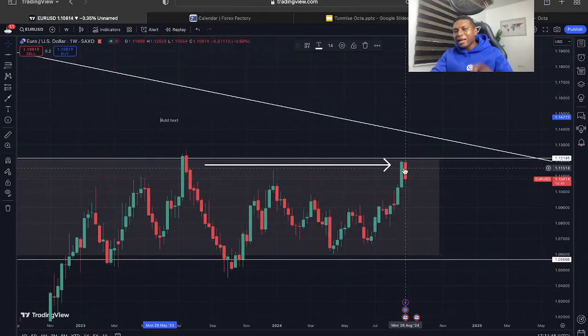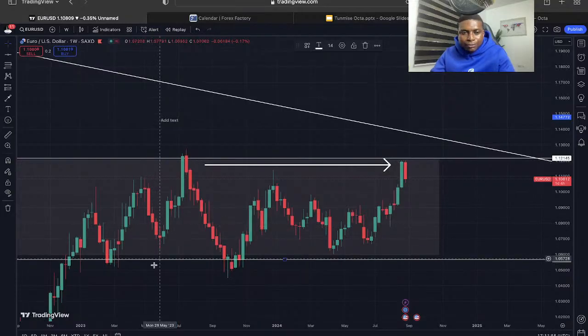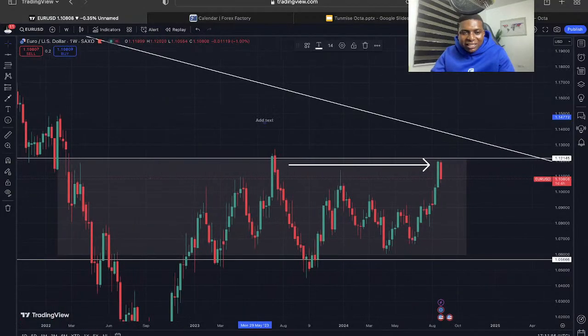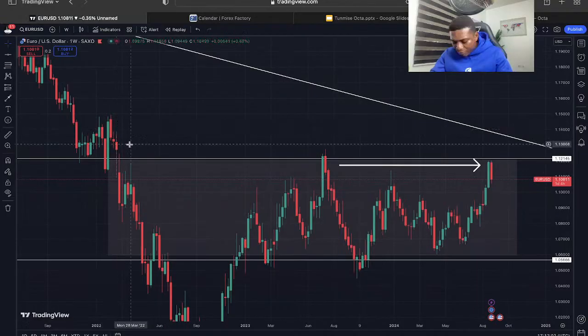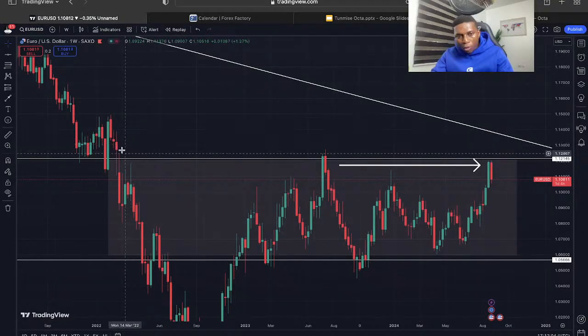I explained this, but I didn't lay emphasis on it in our last session. Look at how price moved from here. Here we have price breaking out. This is the weekly time frame, right? We have price breaking out downwards, going down, and then price came up here.